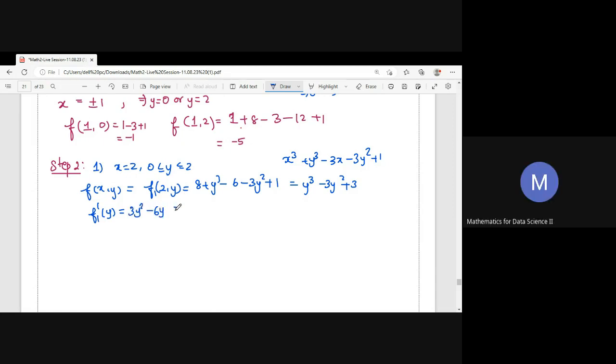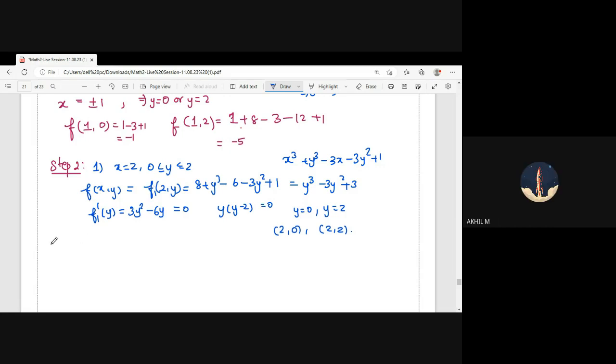Equating it to 0, what are the y values I'm getting here? 3y into y minus 2 equal to 0. So you get y is equal to 0 and y is equal to 2. Already we know the x value, so it is 2 comma 0 and 2 comma 2.